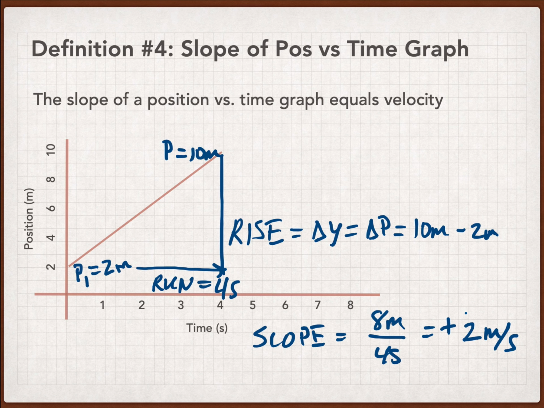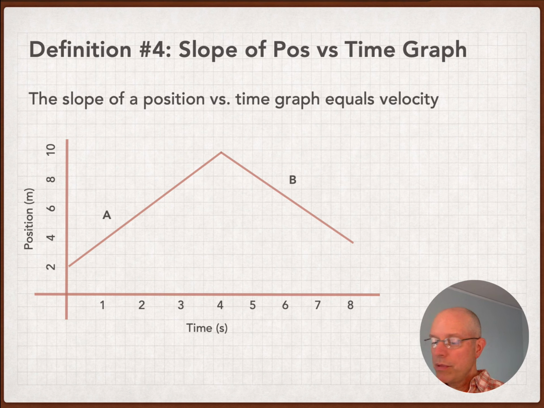A related idea that we want to work on with this topic of slope is, let's just say we had another line segment right here that was segment B. So if you want to get the slope of that, position 1 this time is going to be 10 meters. And sometime later, we go down to here and then zip across and look at the y-axis.